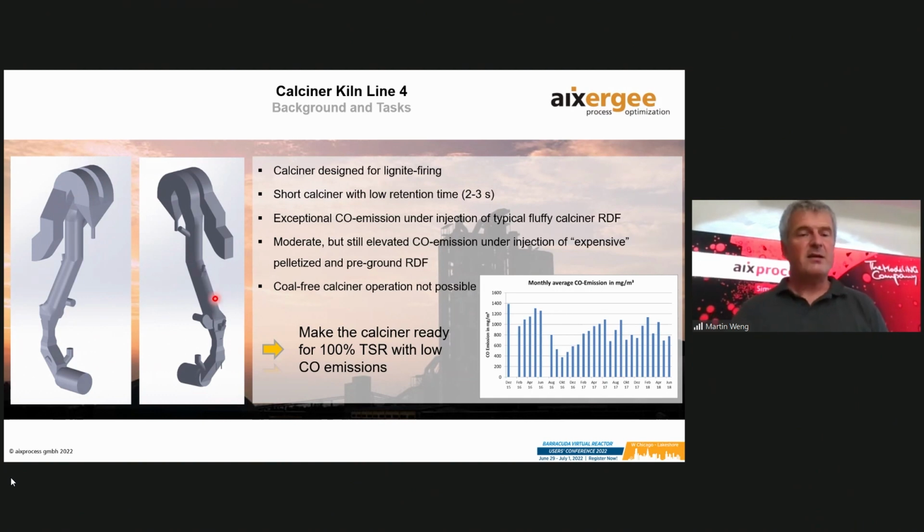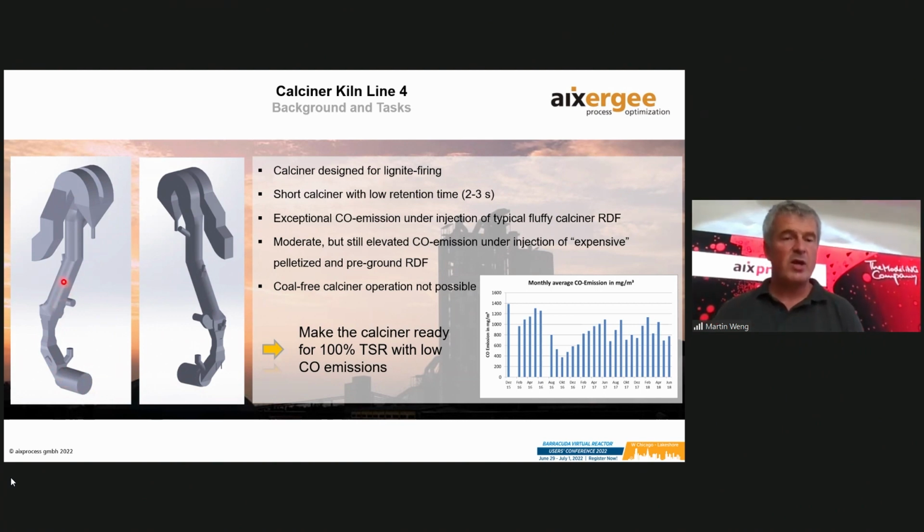This calciner, and for those who are not familiar with the cement process, I will shortly explain. The calciner is a kind of entrained flow reactor. You can see here the end of a rotary kiln. Typically, the rotary kiln extends to some 40 to 60 meters.